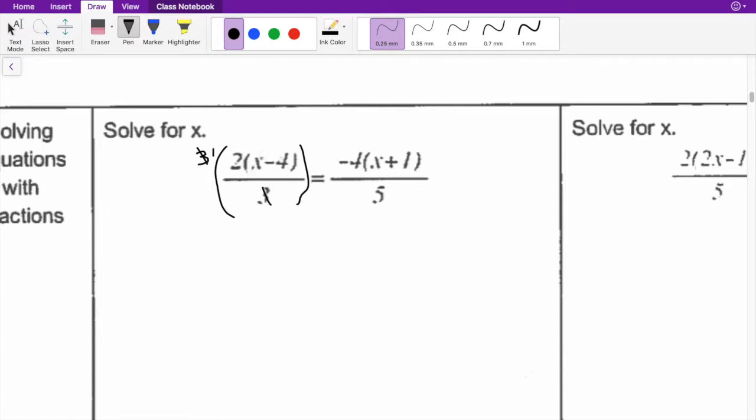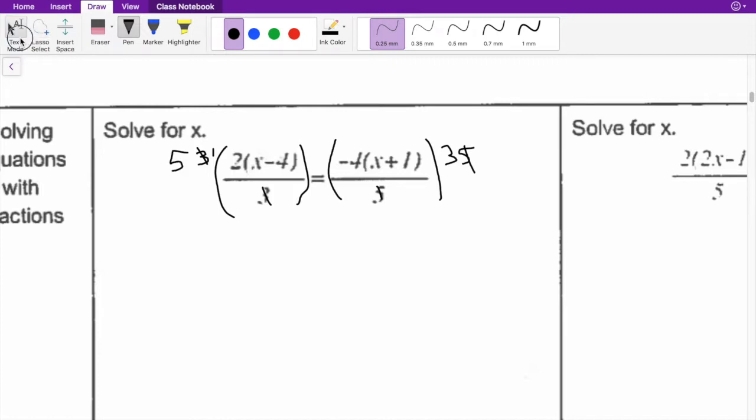So we've got rid of this, but we can't do something on the one side without doing the other side. So let's multiply this side by 3. All right, and then we want to get rid of this 5, so let's multiply this side by 5. 5 divided by 5 equals 1. Those are going to cancel out, but I have to do it to the other side.